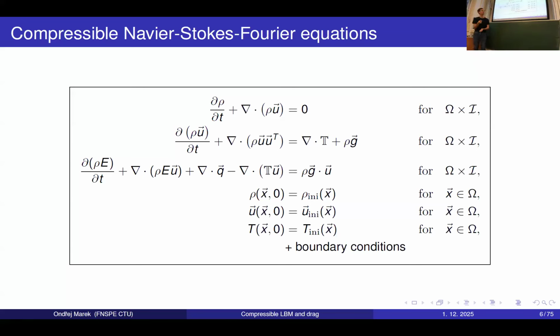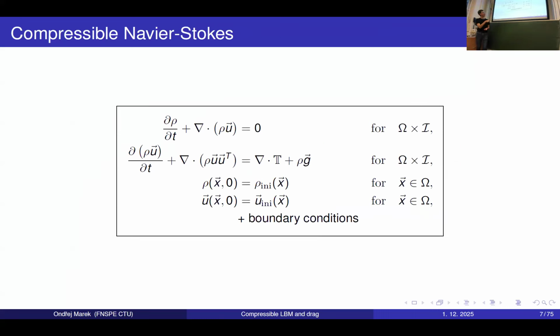So the problem we are solving now has those equations here, because the model I was trying to use can also be extended to thermal fluid flow, but I constrained myself only to the isothermal case. So only the Navier-Stokes equations in this form.